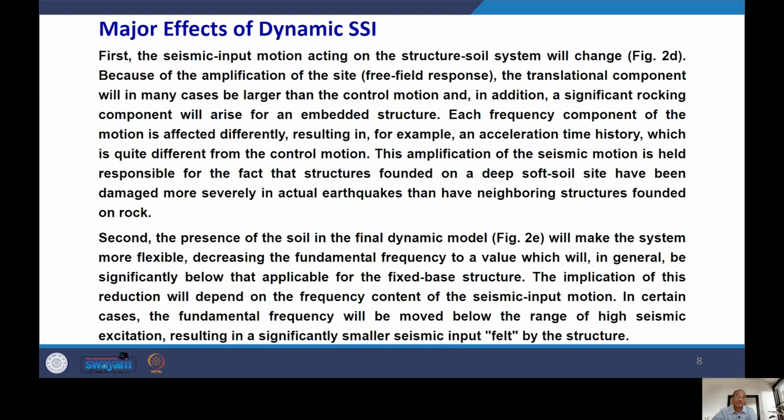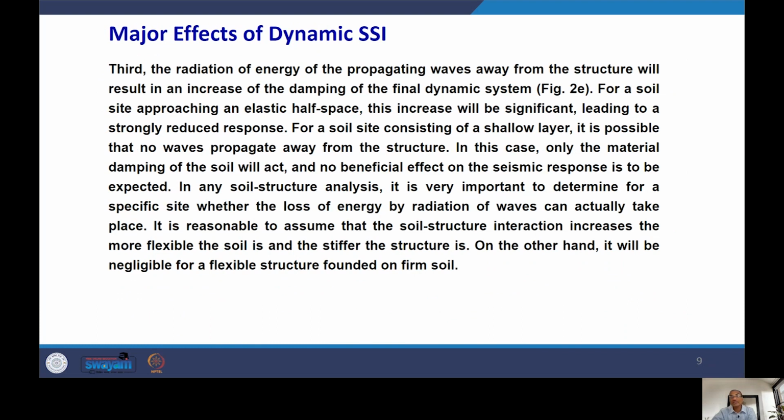Now the third effect: the radiation of energy of propagating waves away from the structure will result in an increase of the damping of the dynamic system. When we discuss wave propagation, we are going to talk about that. In the soil, there are two types of damping: one is called material damping, another is called radiation damping. We will discuss that in detail later.